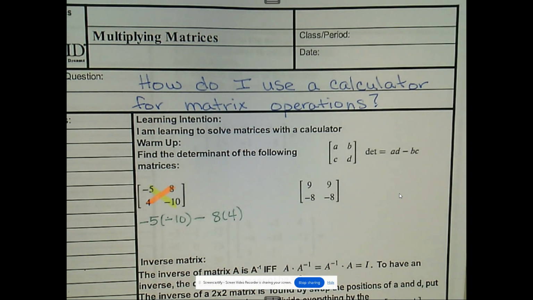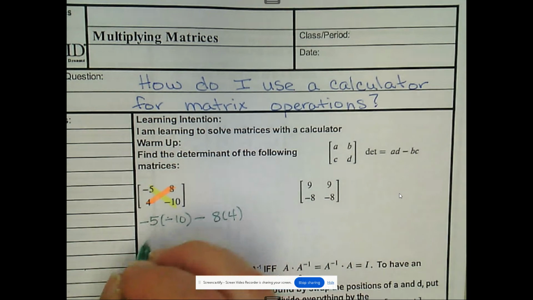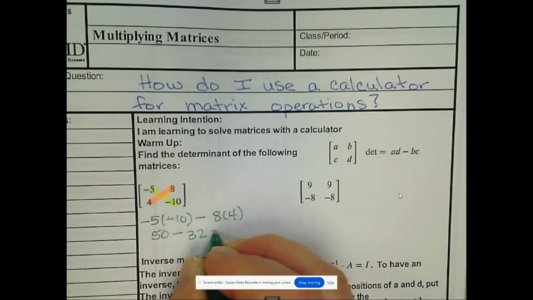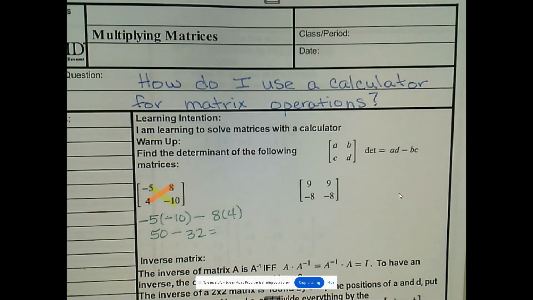Okay, any questions? Negative times negative is a positive, so it's 50 minus 32. 50 minus 32 is 18.